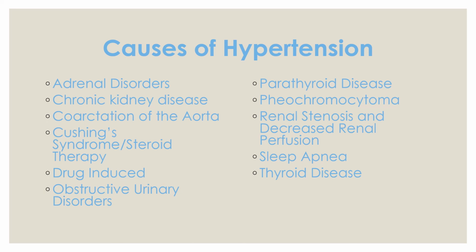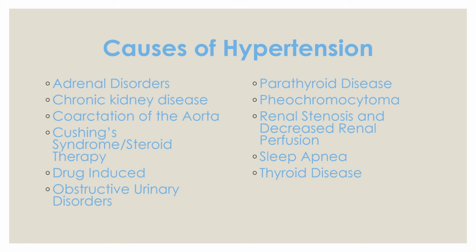Cushing's syndrome, where you have increased cortisol production, which causes fluid accumulation or retention that contributes to hypertension. Certain drugs can cause hypertension, as can obstructive urinary disorders, such as kidney stones, tumors, and other things that may block the flow of urine from the kidneys to the bladder.